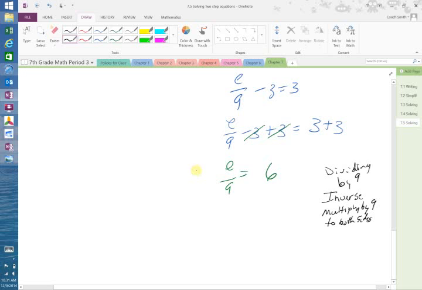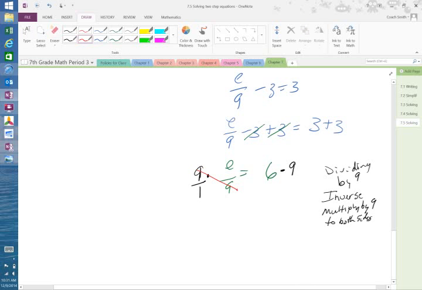And so that means I multiply by 9 over here. I'm going to put it over 1 just because there's a fraction. And then I multiply by 9 over there. On the left side, those two cancel, leaving me with E. On the right side, 6 times 9 is 54. Okay?